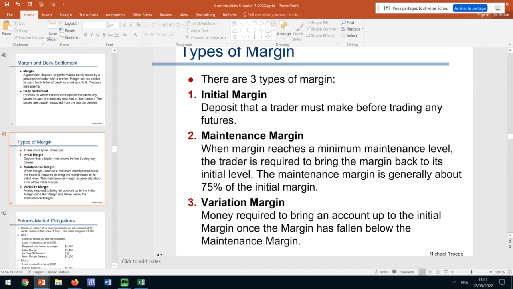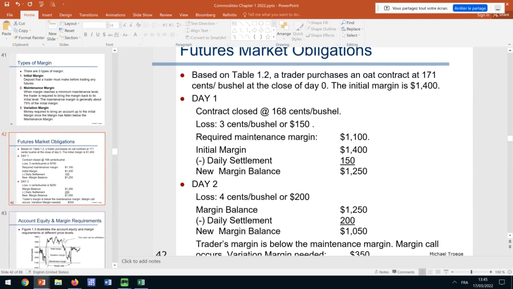Now if you're losing money over a series of days, at some point the remaining margin in the account will fall below this maintenance margin. Then you have to replenish it and add some money, and the money that you have to add, once you have hit this lowest possible threshold, the maintenance margin, is called the variation margin. Okay, so let's do a little exercise to illustrate this in a simple way.